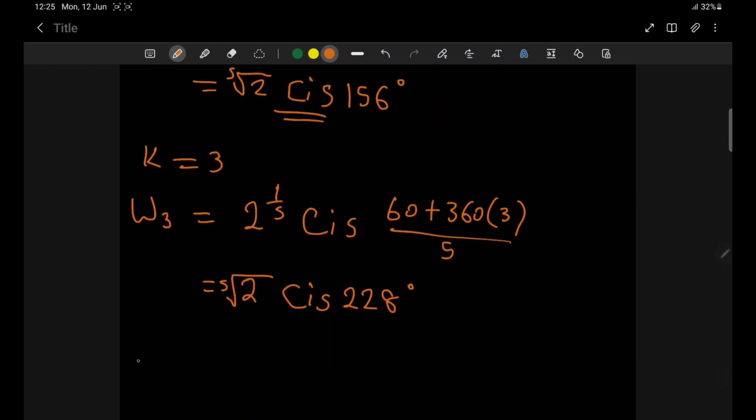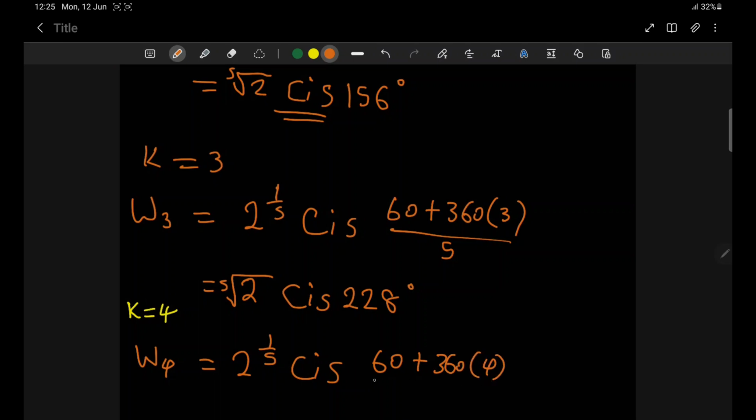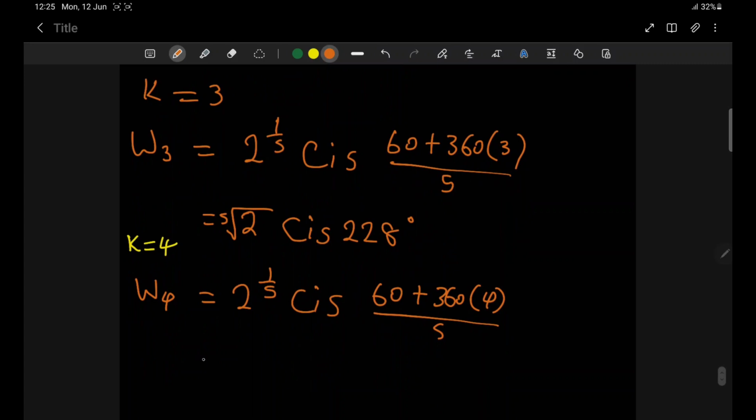So now our fifth root will be for this one, we're applying k is equal to 4, which is the last one. So for the value of k is equal to 4, we'll have 2 raised to 1 over 5, cis, so we're having 60 plus 360 multiplied by 4 over 5. So this is the fifth root of 2.